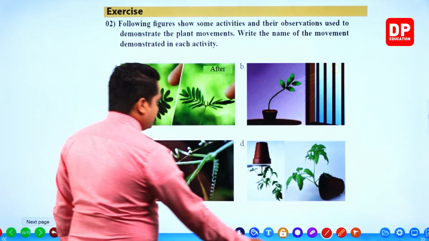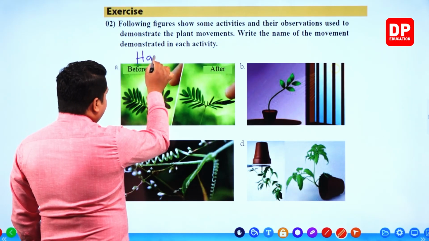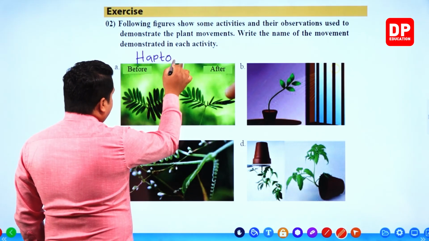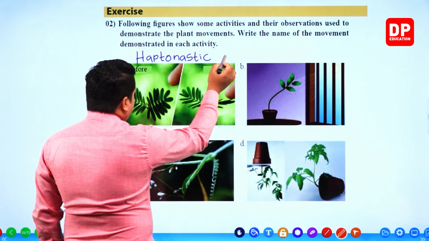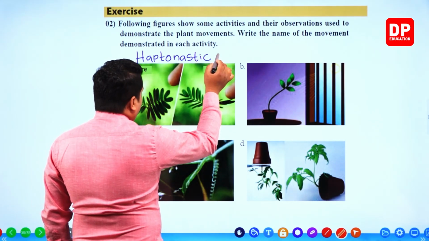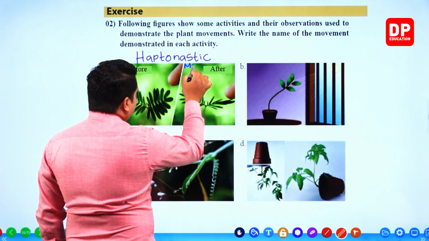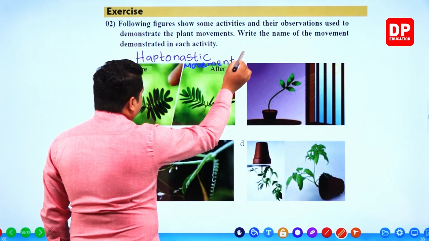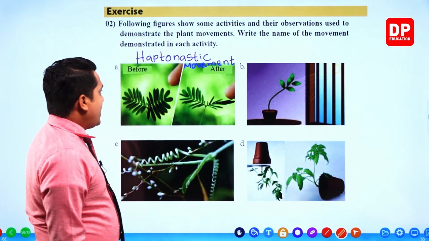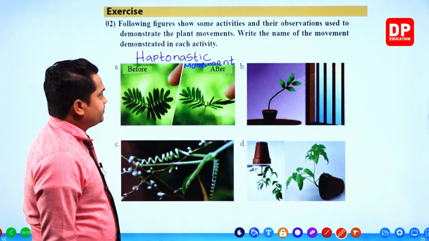So you can write the answer: first one, haptonastic movement.